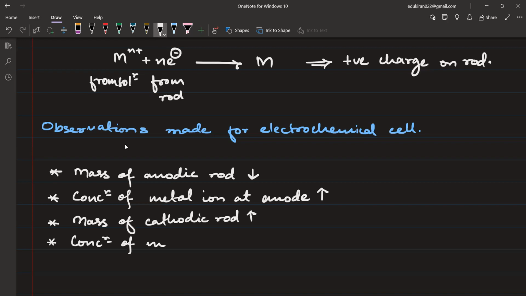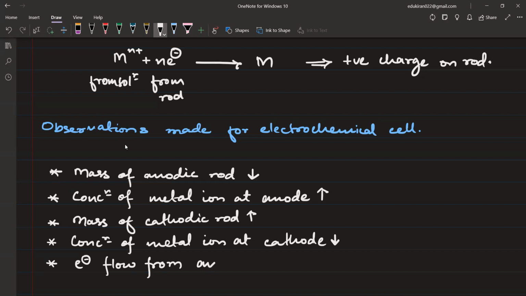Concentration of metal ion at cathode decreases. And last point, what we saw is that flow of electrons is taking place from the zinc rod towards the copper rod, from the anode to the cathode. So electrons flow from anode to cathode.